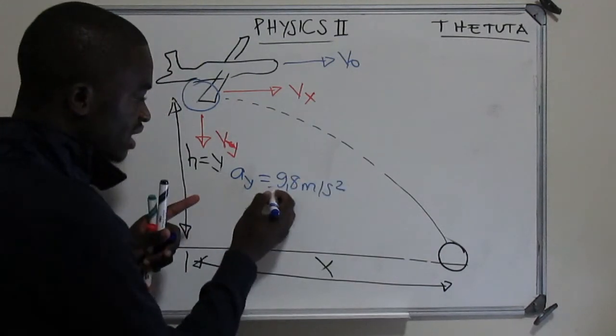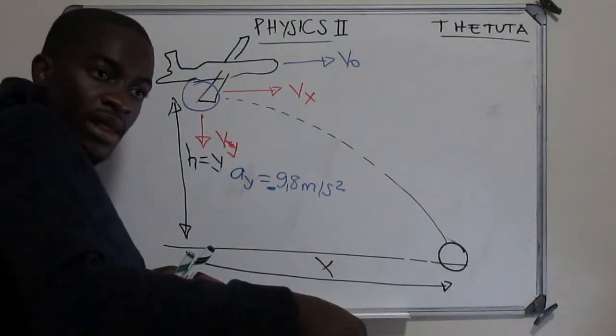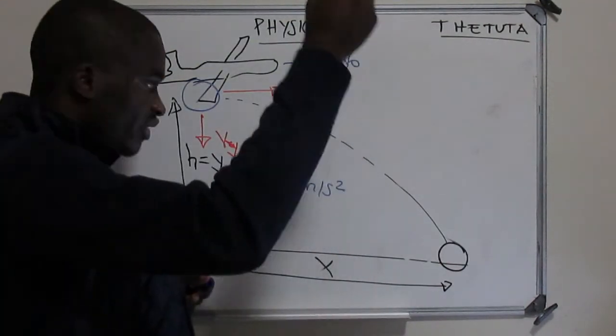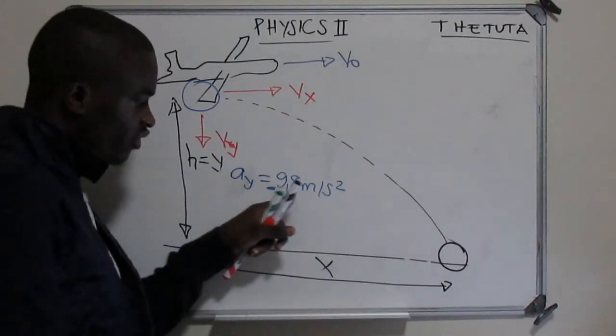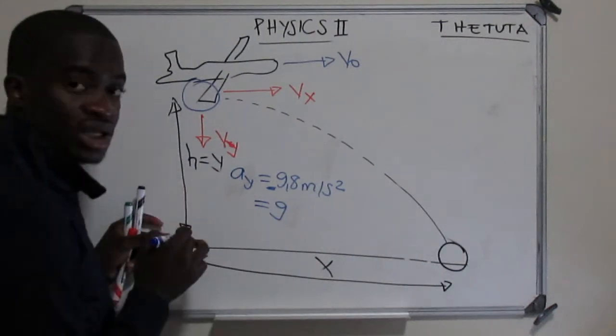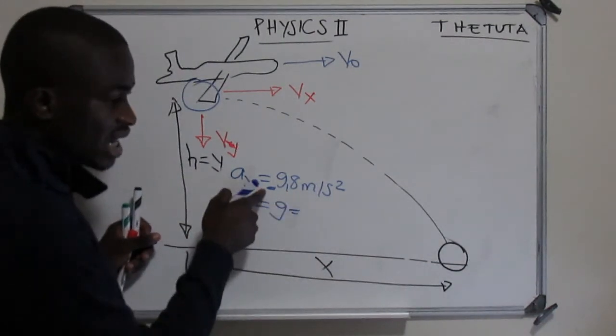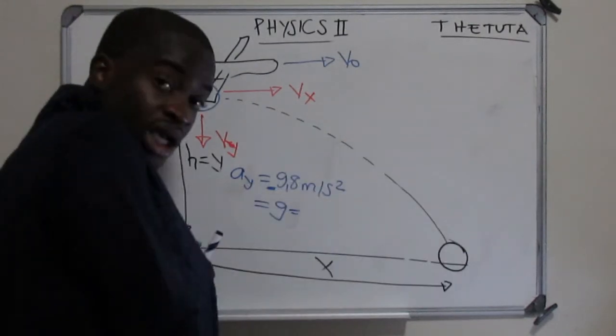But remember, it's negative. We're going to give it a negative y because it's going down. If it's going up, it's positive. When it's going down, it's always negative, because the acceleration here is going to be equal to the gravity acceleration, which is 9.8. But it's going to be negative because we are dropping an object.